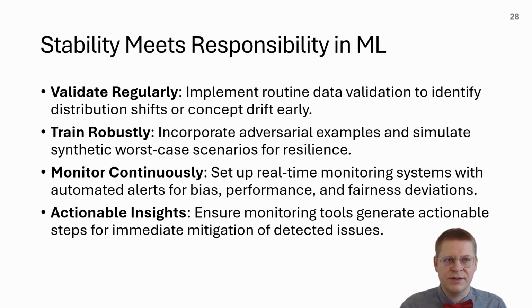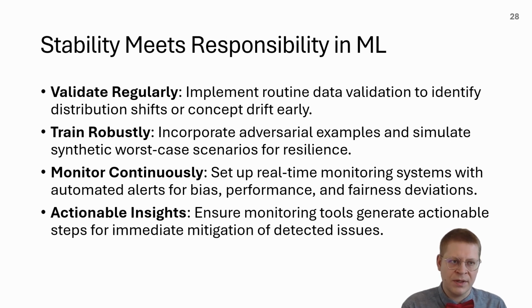Achieving stability and responsibility in machine learning requires a dynamic approach. And first, regular data validation is critical for detecting shifts in distribution or underlying patterns. Concept drift can undermine model performance. Robust training methods like incorporating adversarial examples or simulating extreme scenarios help fortify our models against unforeseen challenges.